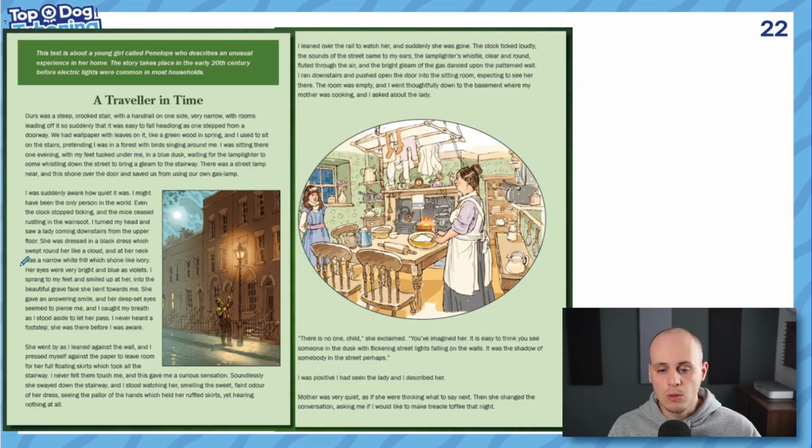Her eyes were very bright and blue as violets. I sprang to my feet and smiled up at her. Into the beautiful grave face she bent towards me. She gave an answering smile, and her deep-set eyes seemed to pierce me, and I caught my breath as I stood aside to let her pass. I never heard a footstep. She was there before I was aware.